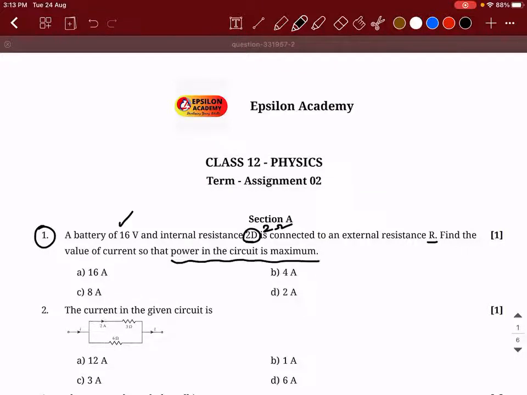See, what is the formula for power? Power is equal to E square divided by R. But here, what is going to be the value of R?